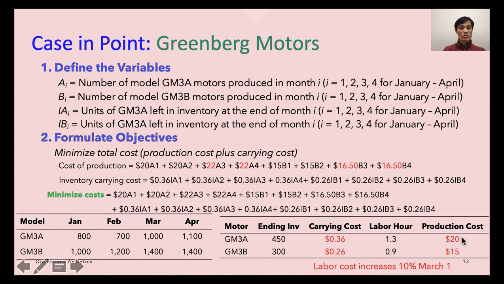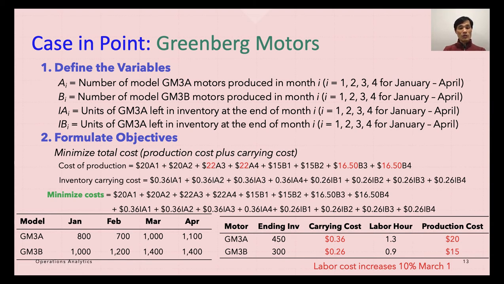So we are going to use 20 times the number of production for A1. That's the cost for production of A1 in January. And A2 is 20 times A2, the number of production of GM3A in February. And that's the production cost of that time.